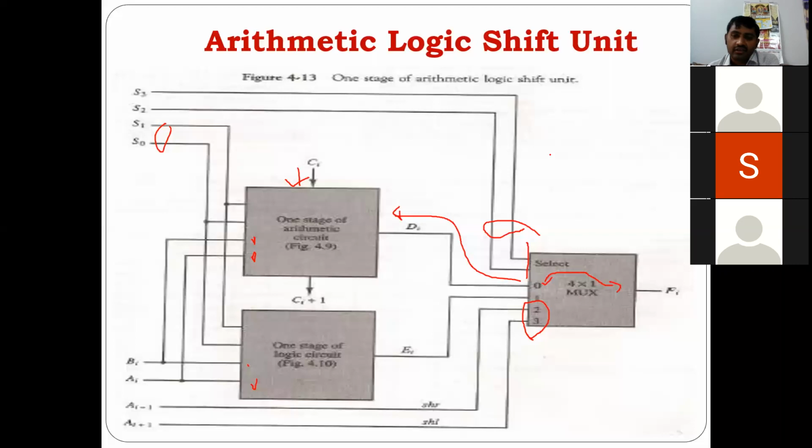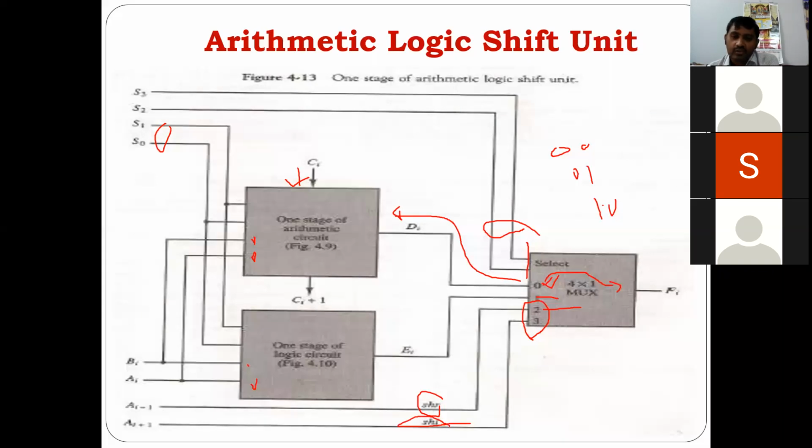Because we have got 0, 0, this particular line will be selected, 0, 1, then this line will be selected. And 1, 0 means the second one will be selected, which is connected to the shift right operation. When it is 1, 1, it is connected to the shift left operation.